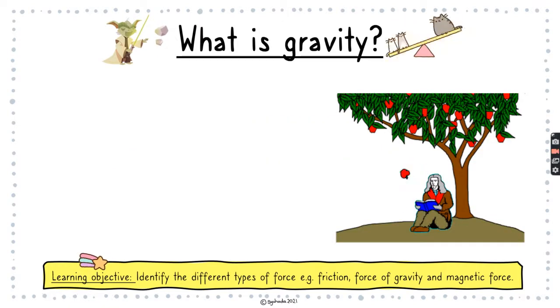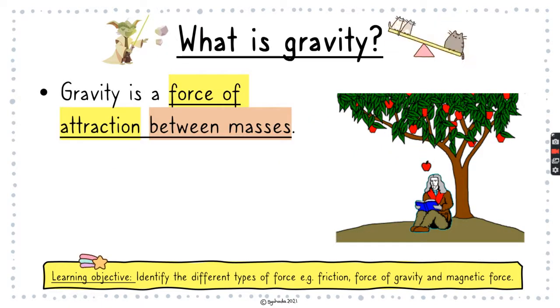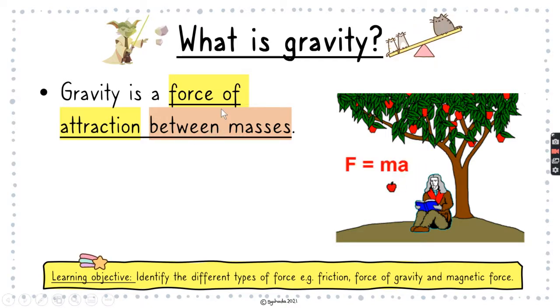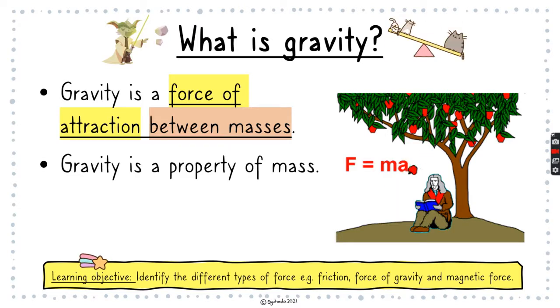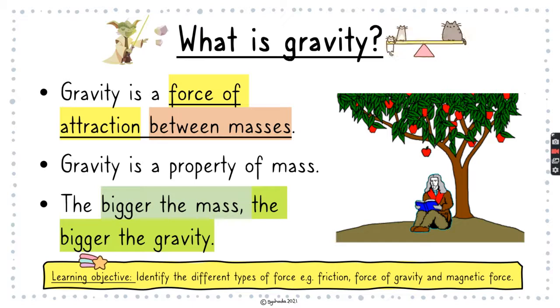So firstly, let's look into gravity. Gravity is a force of attraction between masses. So force of attraction is basically pulling masses together. And gravity is also a property of mass. The bigger the mass is, the bigger the gravity. So remember, we learned about the word mass, and mass is how much matter something contains.